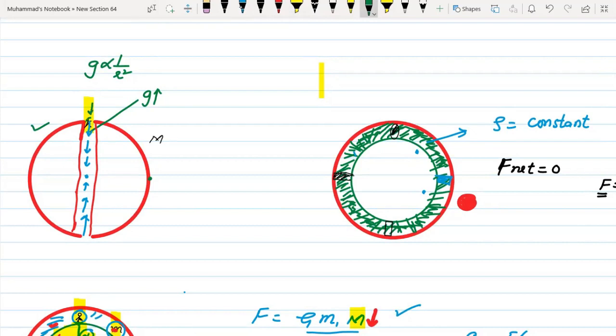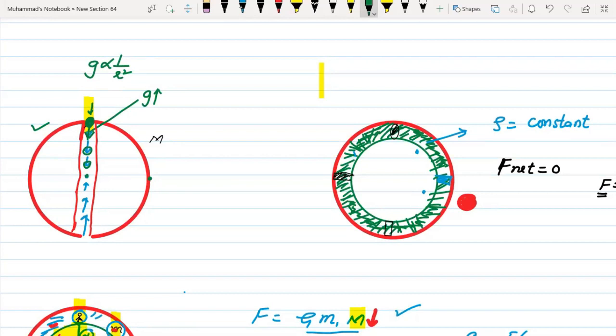So what will happen to this object? It will experience force towards the center of Earth, and that force is maximum over here, and that force then decreases, and it becomes zero.